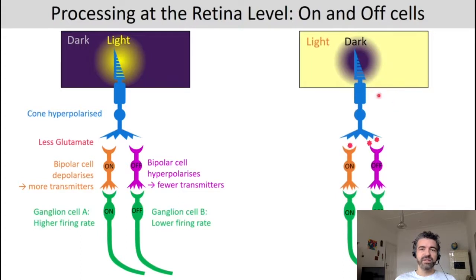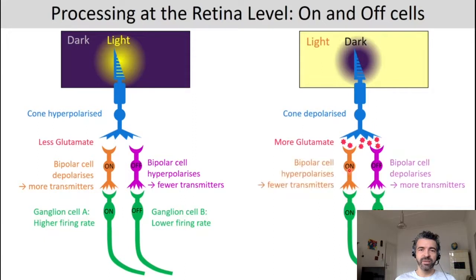If we present nothing to this cone, then we will have a depolarization of the cone. If you remember, the cone releases more glutamate. But again, the bipolar cells respond differently.